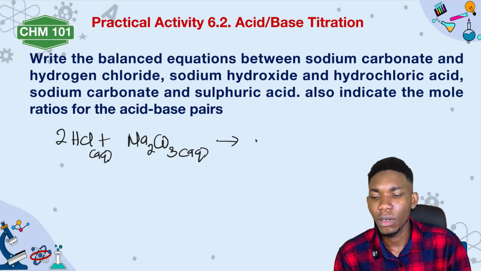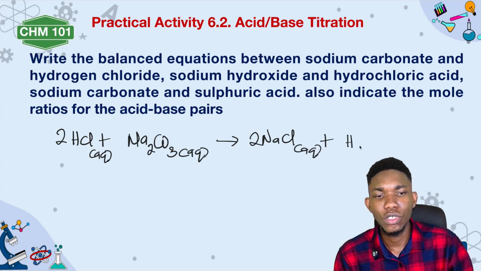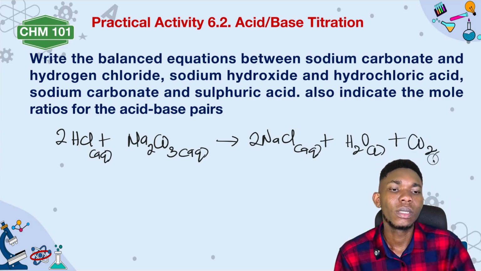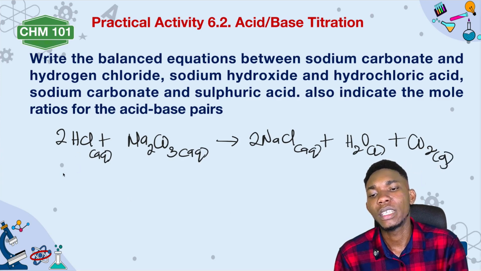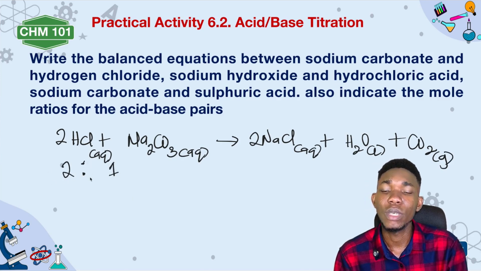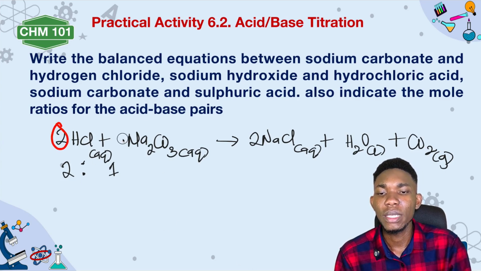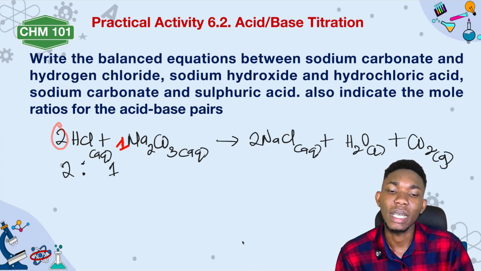My dear student, this will give us 2 sodium chloride aqueous plus H2O liquid plus CO2 gas. This will be the equation of reaction. Now the mole ratio of acid to base is 2:1. The acid here has a mole ratio of 2, and the base has a mole ratio of an invisible 1 that is not seen.